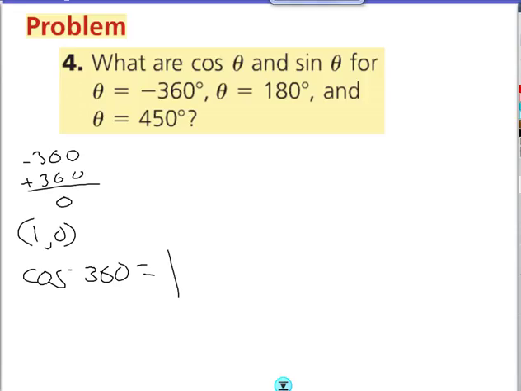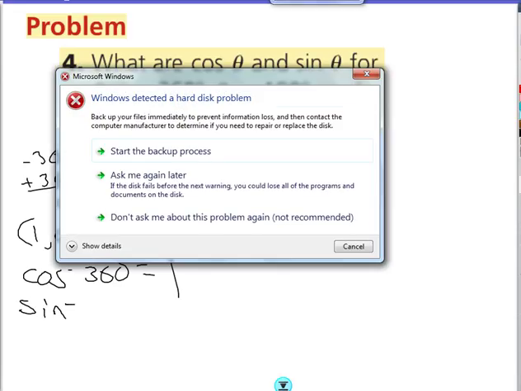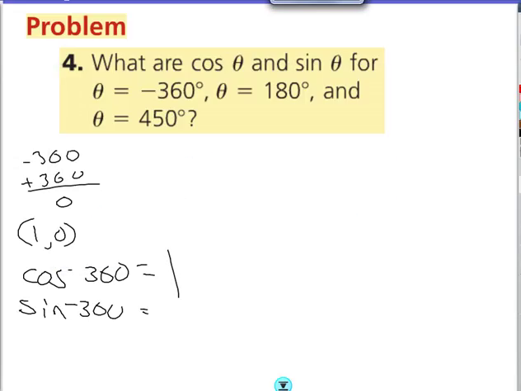The second number in the point is the sine. I converted negative 360 into an angle that my unit circle has on it. You with me? So what is the sine of negative 360? Everybody with me there?